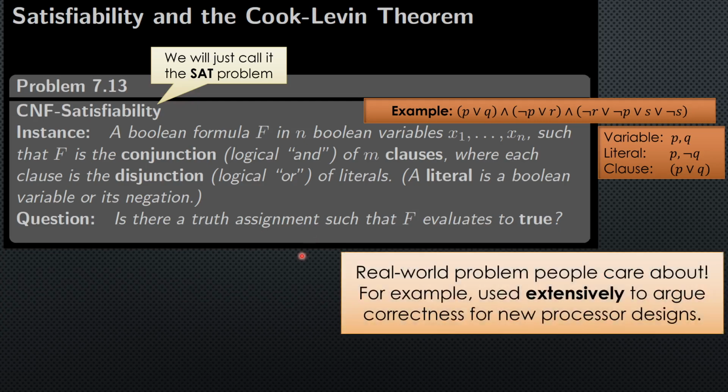And this is, by the way, not just a strange theoretical problem. This is actually a real-world problem people really care about. For example, this problem is used extensively to argue correctness for new processor designs.